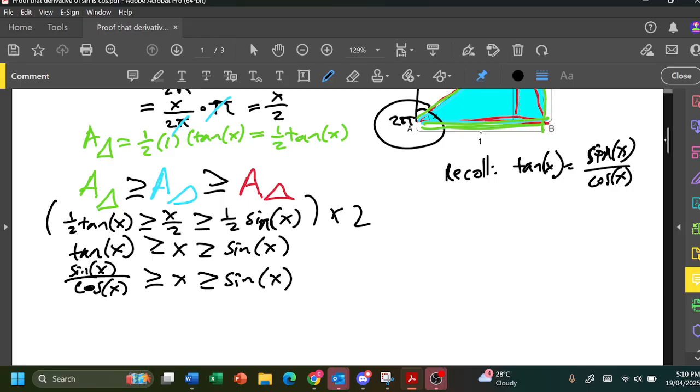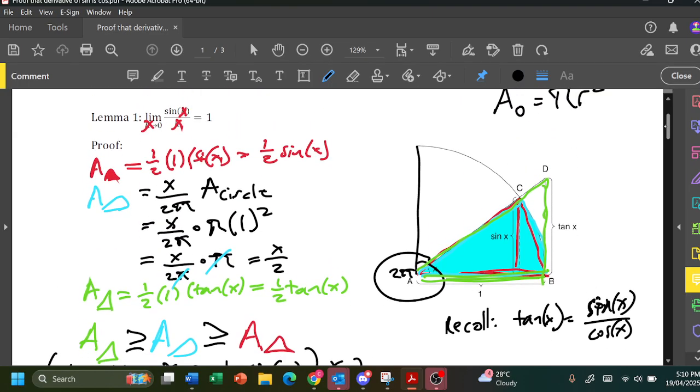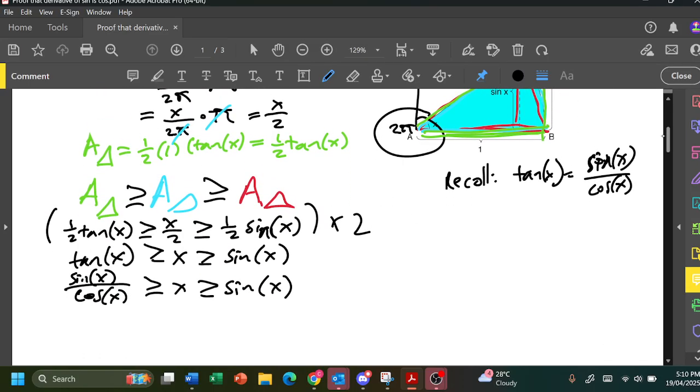Because what we want to end up with, by the way, is this guy here, sine of x over x in the middle, we're going to do a little bit of manipulation here. What I could do is flip each of these fractions. So just recall, if I flip this and this, which is the same as raising both of them to the power of -1, I'm also going to have to flip the inequality sign.